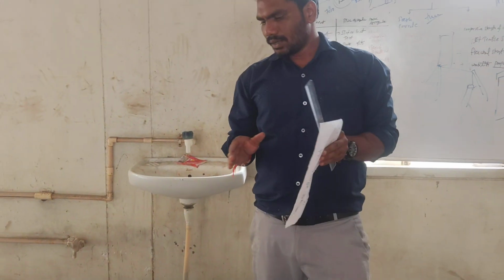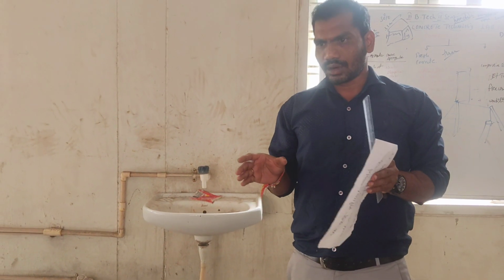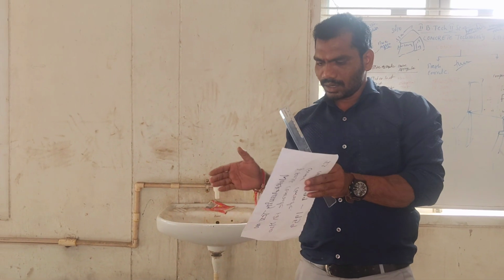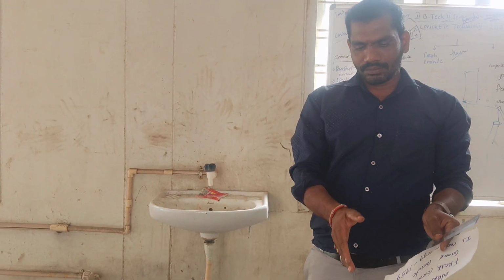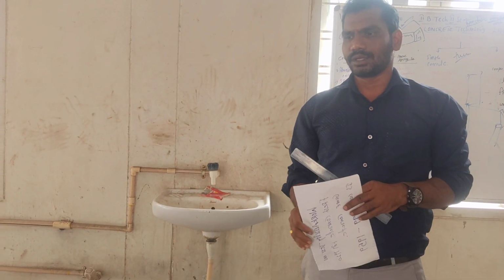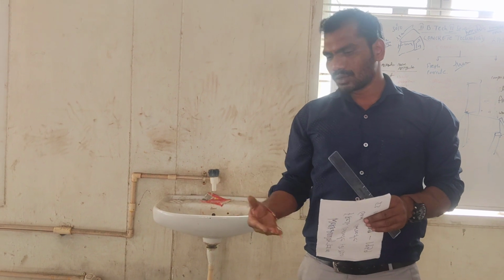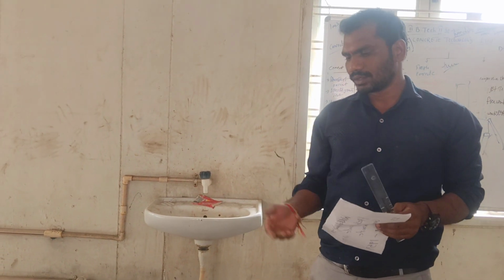Now I will prepare the concrete mix. Then the concrete mix is poured into the slump cone, and we will measure the workability. Next, we go to the mixing of the concrete.